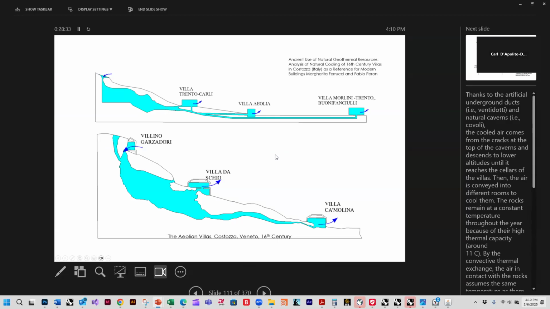I haven't talked to you about this, but we're under the ocean of air, so the air is weighing. The higher you go, the lighter the air is, and so that starts pulling air through.